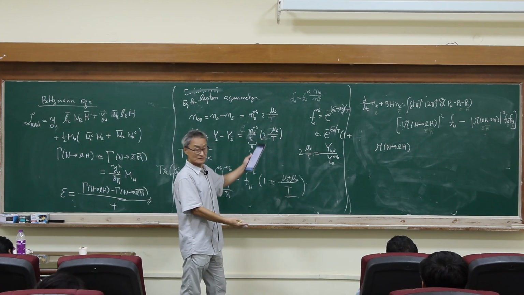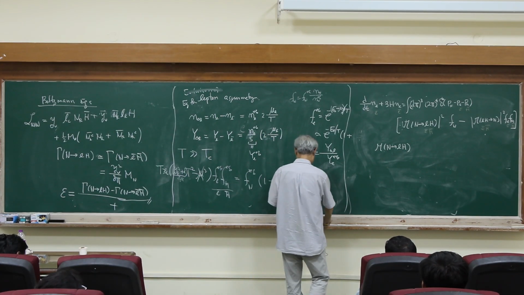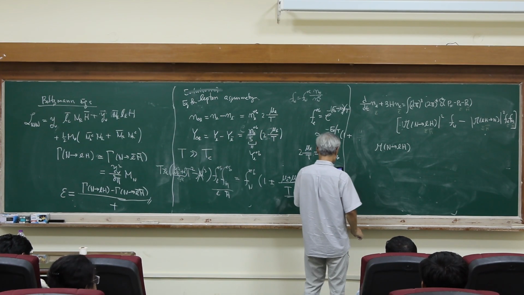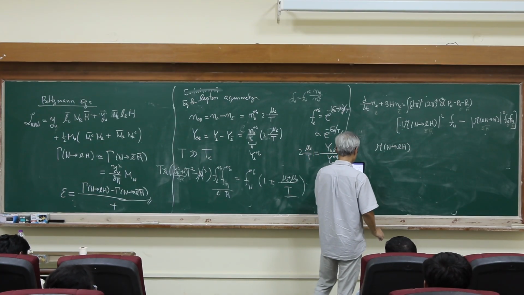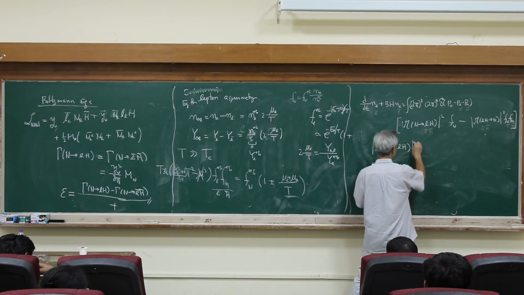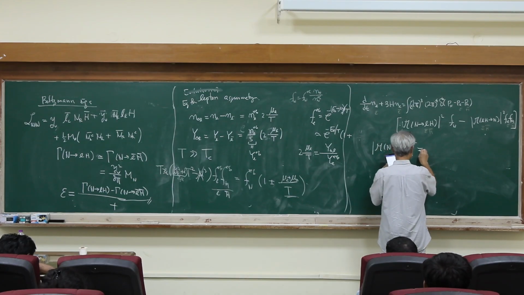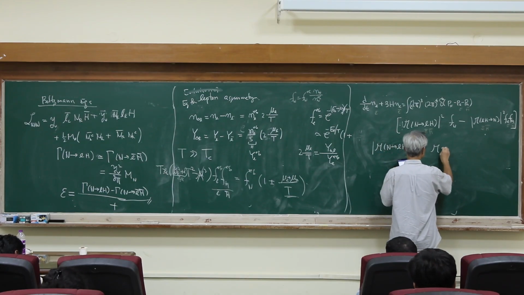And then we subtract these two. Now we have to include the difference between them, include the CP asymmetry.